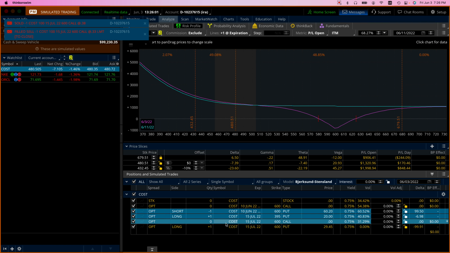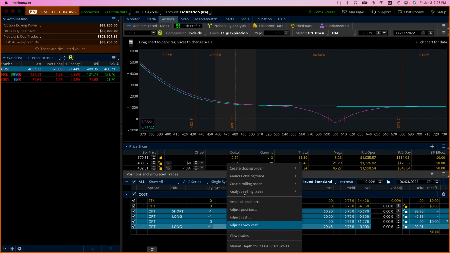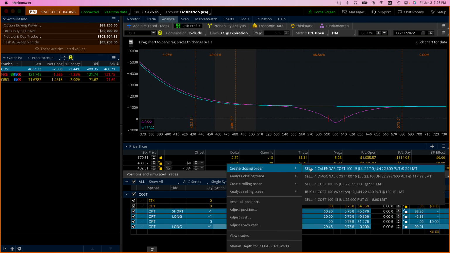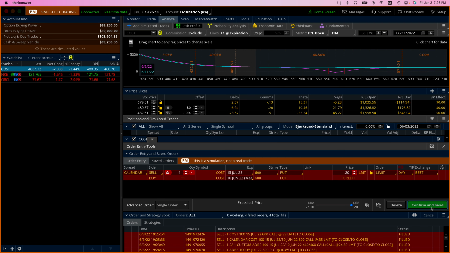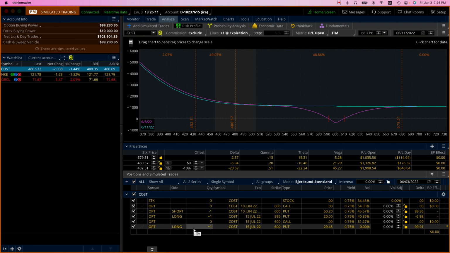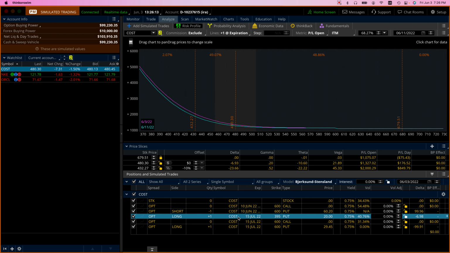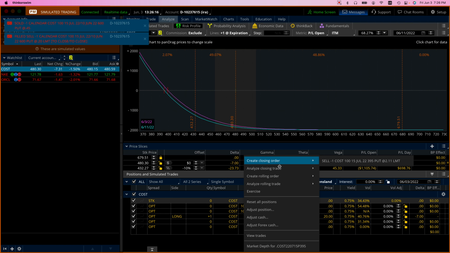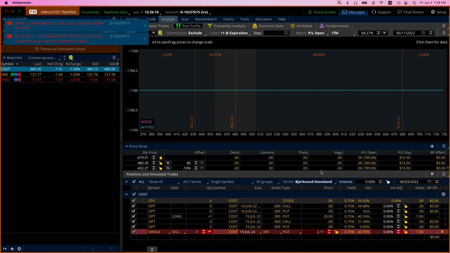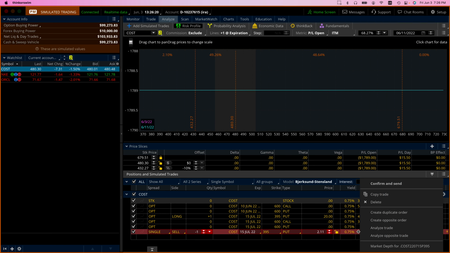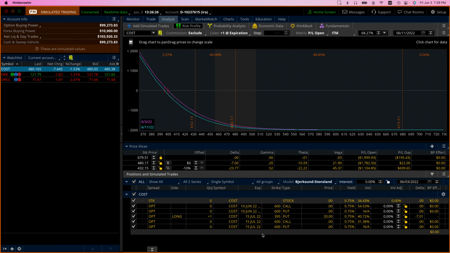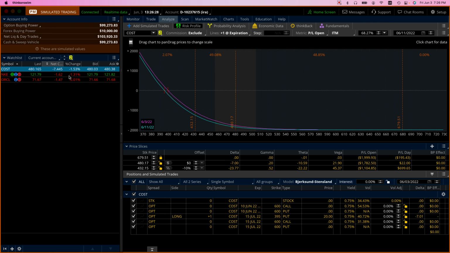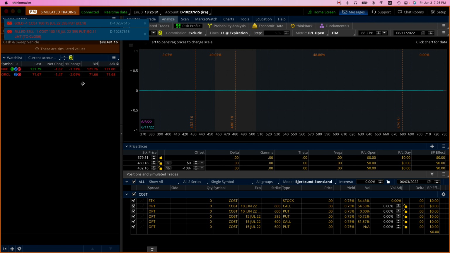Then the 600 put, $0.20, and then the 395 put. You can count on these things filling fairly quickly because the volatility is high right now. When the volatility is low, these things may take longer to get filled. That's it. We got out of our Costco.